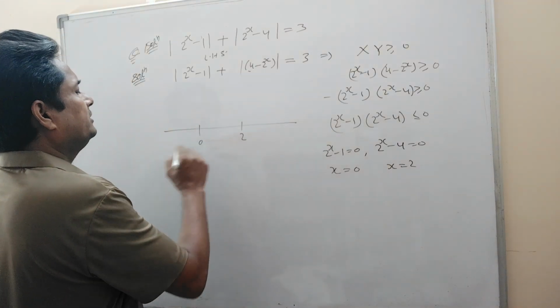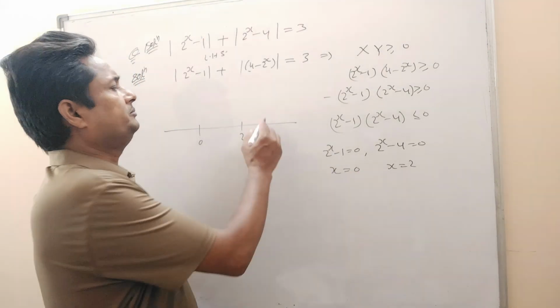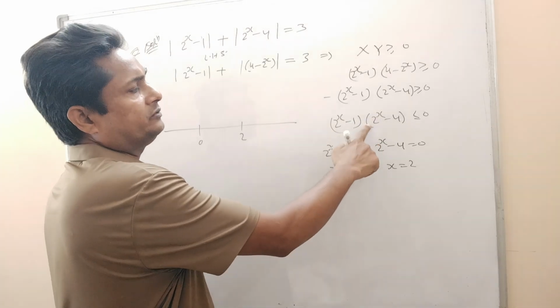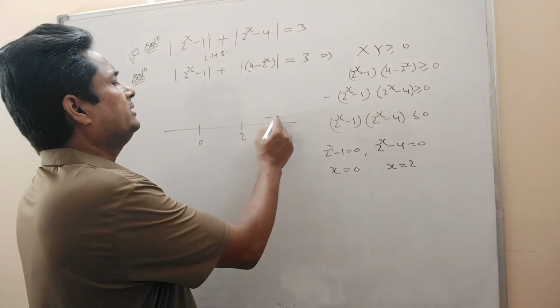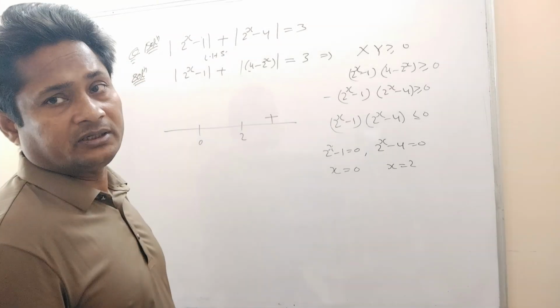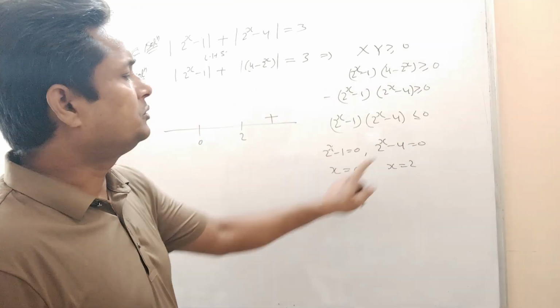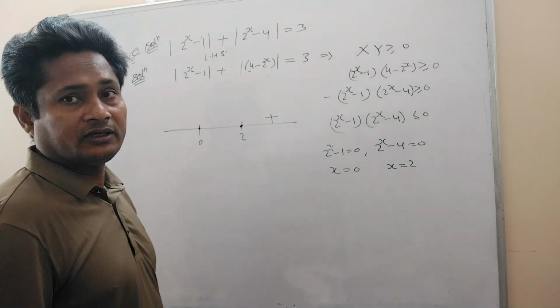Here the coefficients are positive, 2 to the power x coefficient is positive, so on the right hand side, according to the Wavy Curve method, we mark the positive sign. Now here equality is present, so both roots will satisfy.